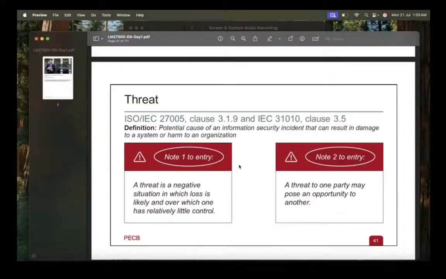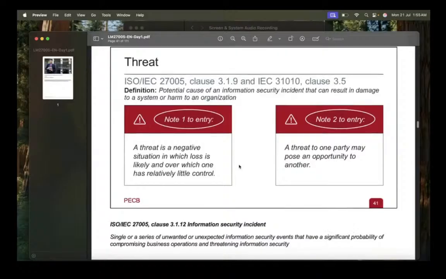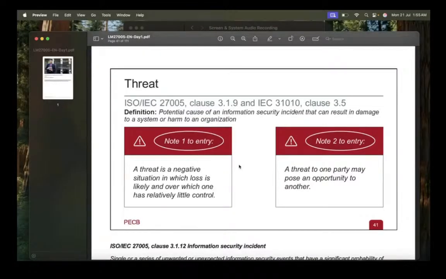Sometimes the cyber risk that is there, cyber risk is also a threat. There are two notes here. Note 1 says that a threat is a negative situation in which loss is likely and over which one has relatively little control. So when any threat is there, we basically use the risk management system.